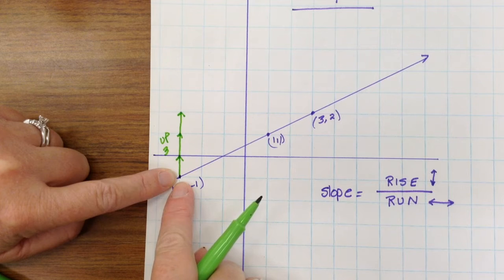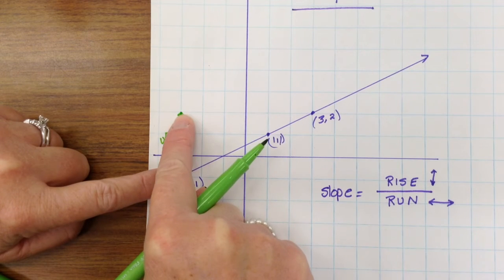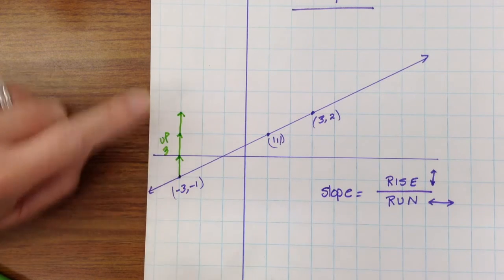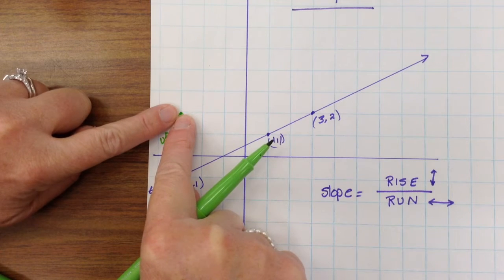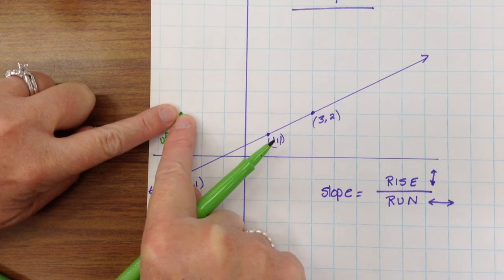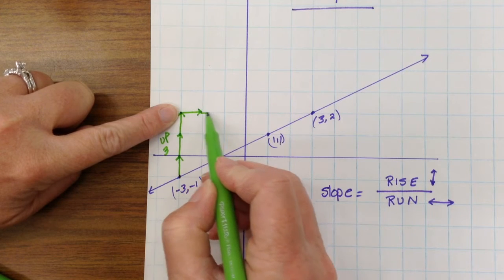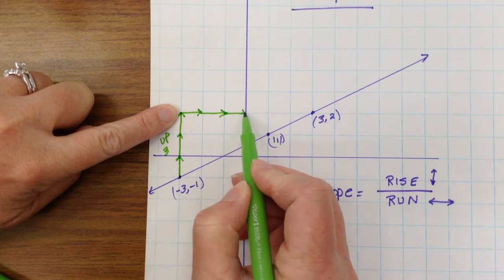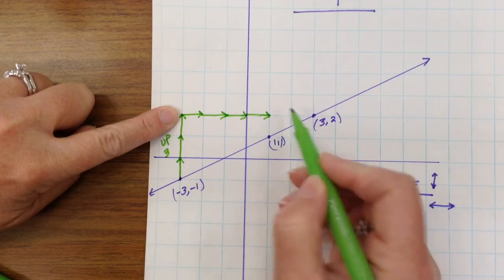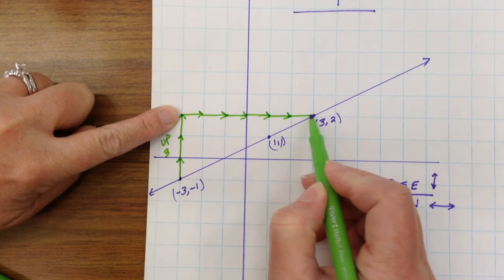I'm going up 3. All right. And then how far over, or my run? How far would I need to run horizontally? Well, I just count. 1, 2, 3, 4, 5, 6.